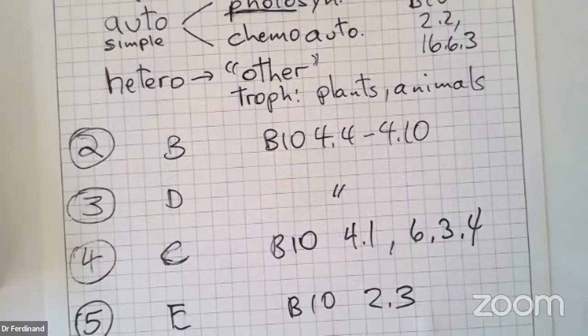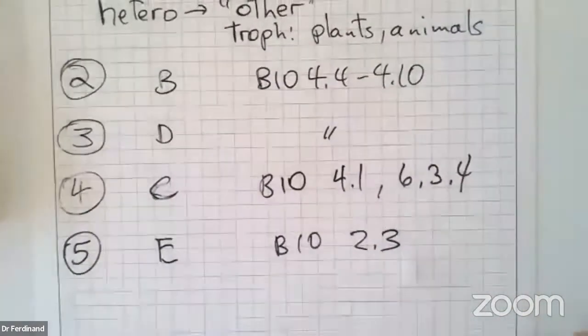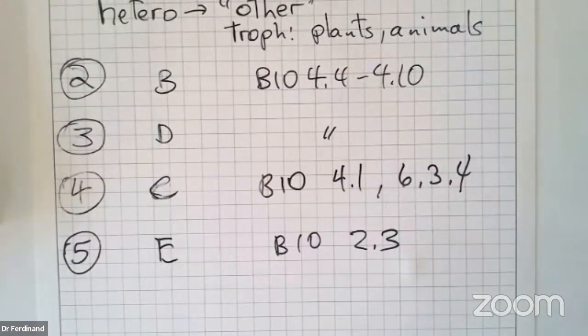Okay, so that's E and that's Bio 2.3. And despite the technical hiccups, it looks like we're pretty much on time for a 1 hour webinar. So we did 5 questions today.